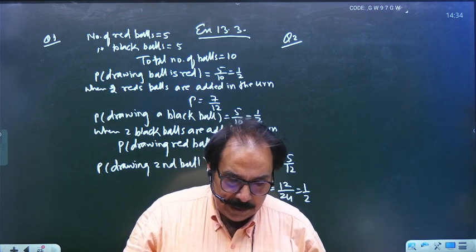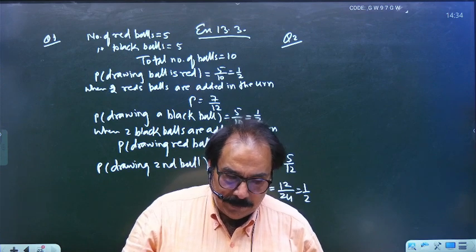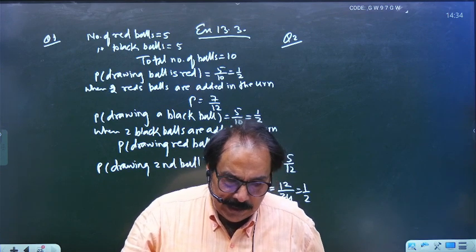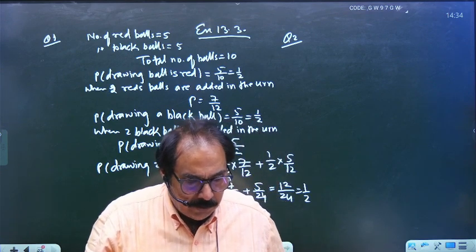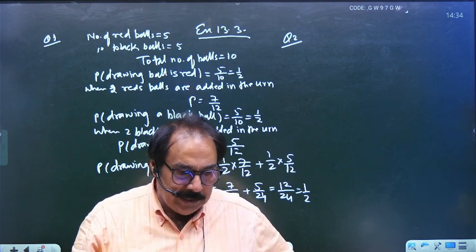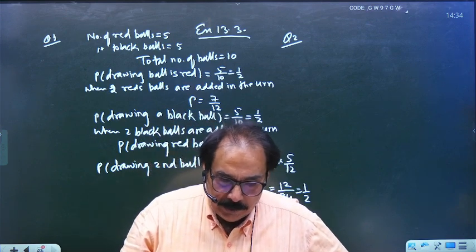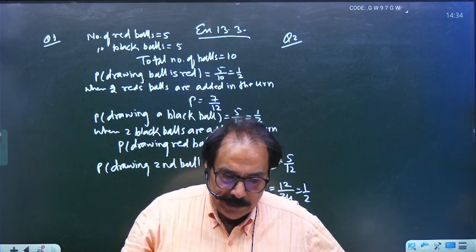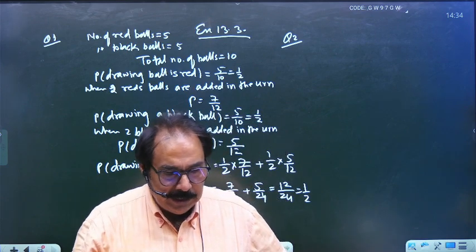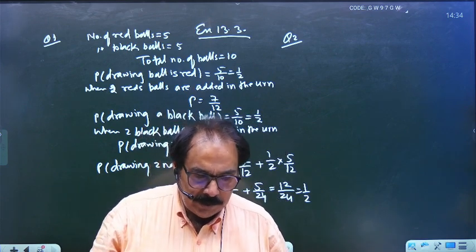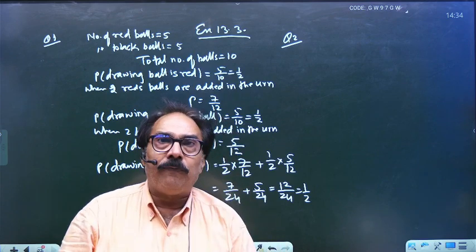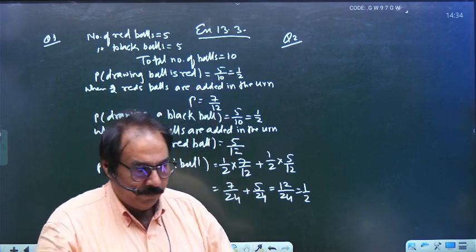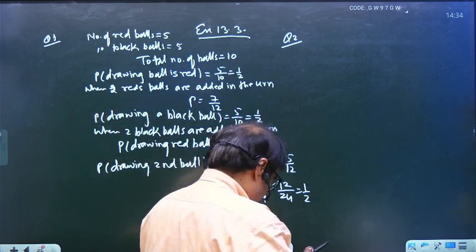One of the 2 bags is selected at random. A ball is drawn from the bag which is found to be red. Then find the probability that the ball is drawn from the first bag.